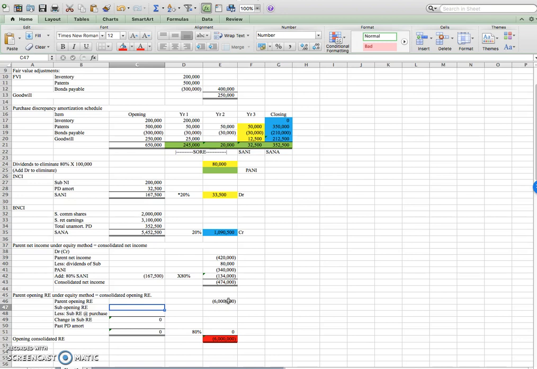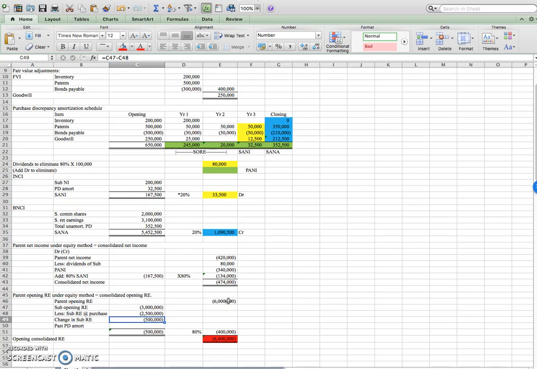Then from there we have our sub's opening retained earnings. That would be 3 million. Then we also have less the sub's retained earnings at purchase, which we can see is 2.5 million. We have the change in sub, which will be 500,000.